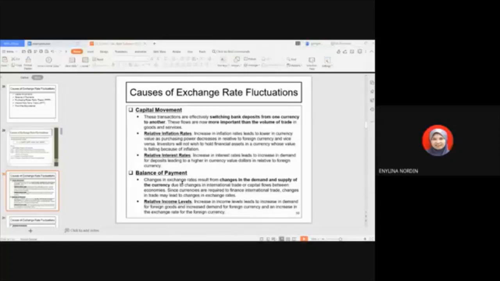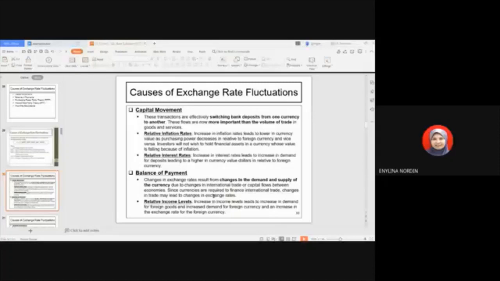For the interest rate, we can relate it to the exchange rate. An increase in the interest rate can cause the country's currency to appreciate. Why is that? When the interest rate is higher, it provides higher returns to the lenders, a higher rate of return to the investors.